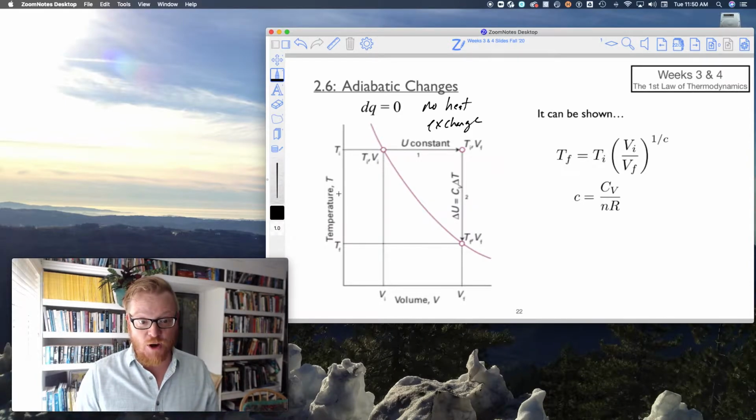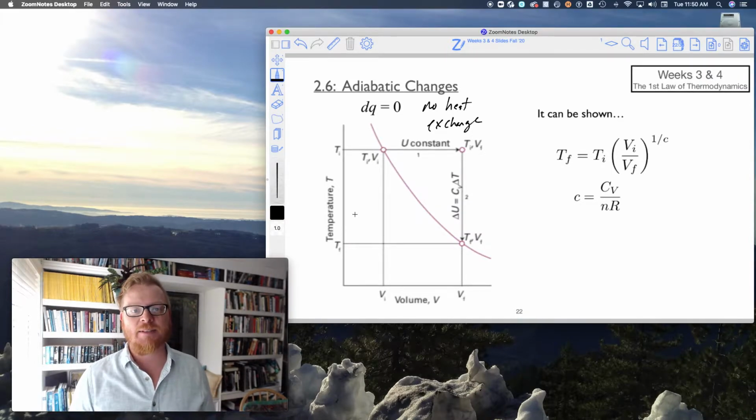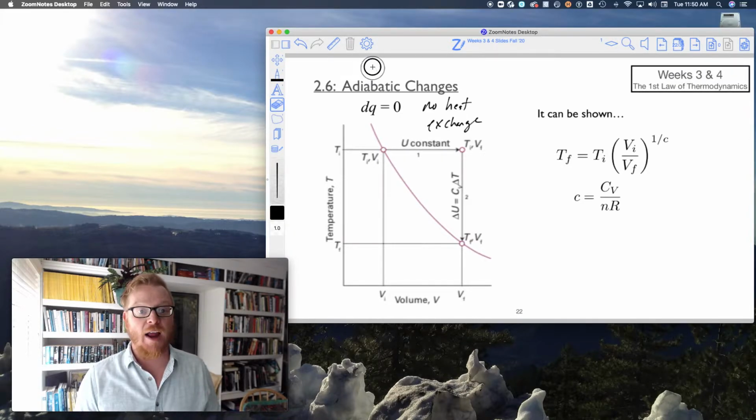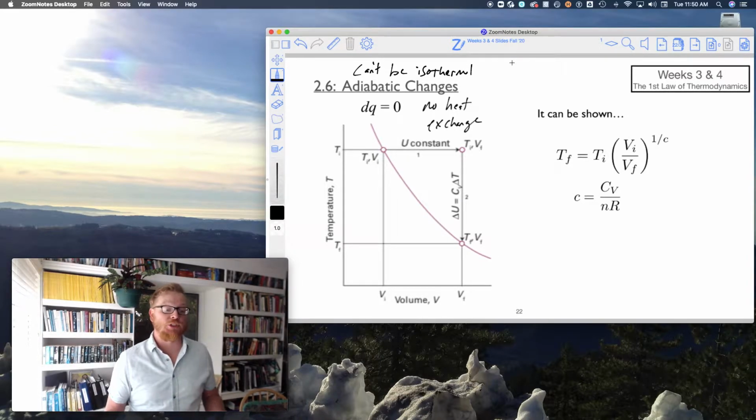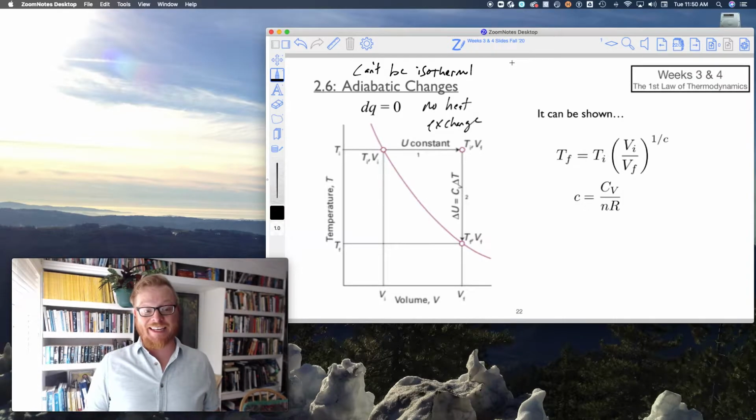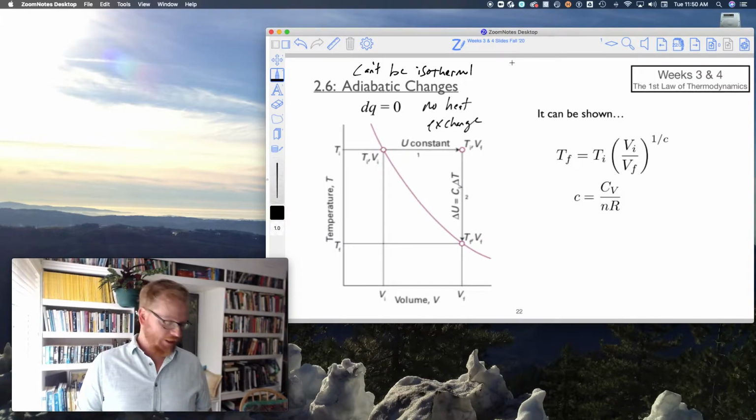As you might also note, because temperature is changing on this scale, when something is adiabatic, it can't be isothermal. So there has to be an accompanying temperature change when something expands adiabatically.